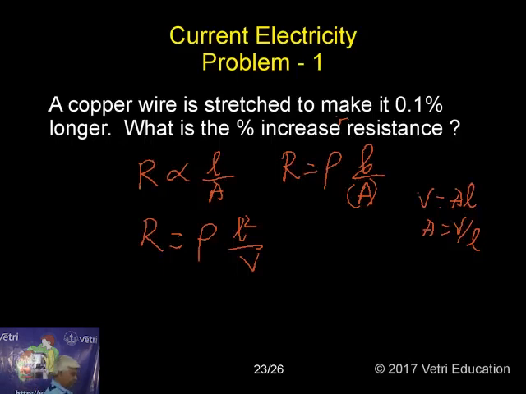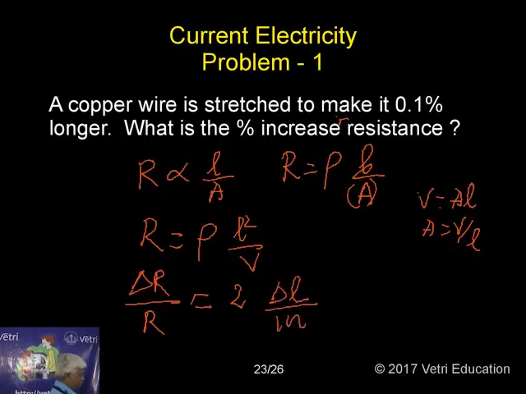Therefore, the increase in resistance, delta R by R, is equal to rho times L squared by V. We need not bother about rho and V because both are constant. Only L squared matters, that is 2 times L into delta L. Therefore 2 times the change in length divided by L, multiplied by 100 because it is a percentage increase.